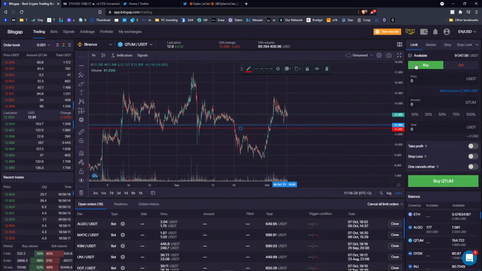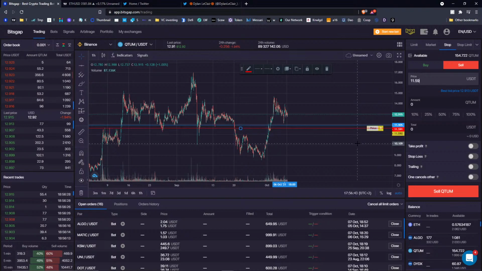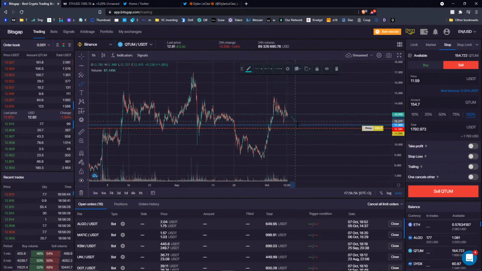So I would just set my stop market. I think, yeah, that's the stop market I would use. Sell, exact price would be 11.59, 100%. You see, that's exactly 154 Quantums, and that way if the price falls down to this point, it's gonna automatically trigger my market sell order and sell all the Quantums.